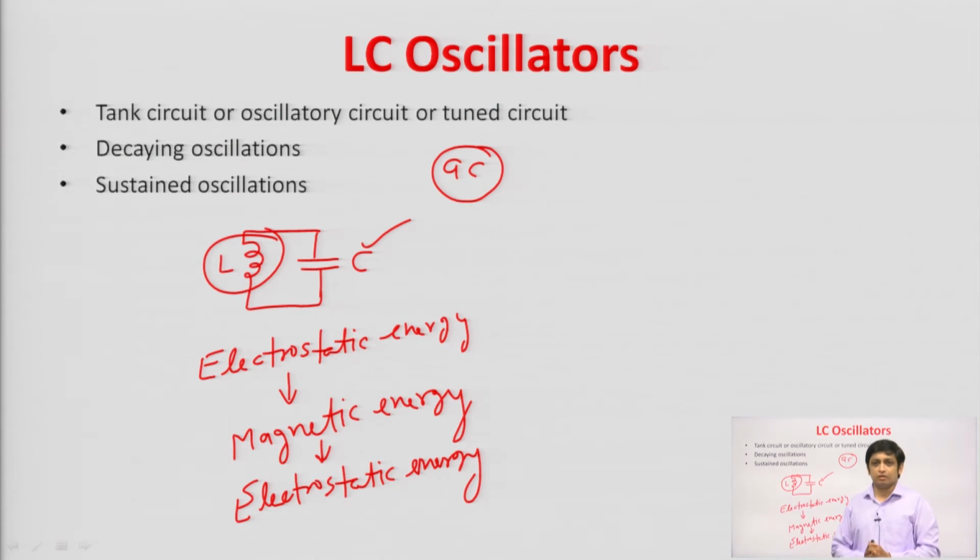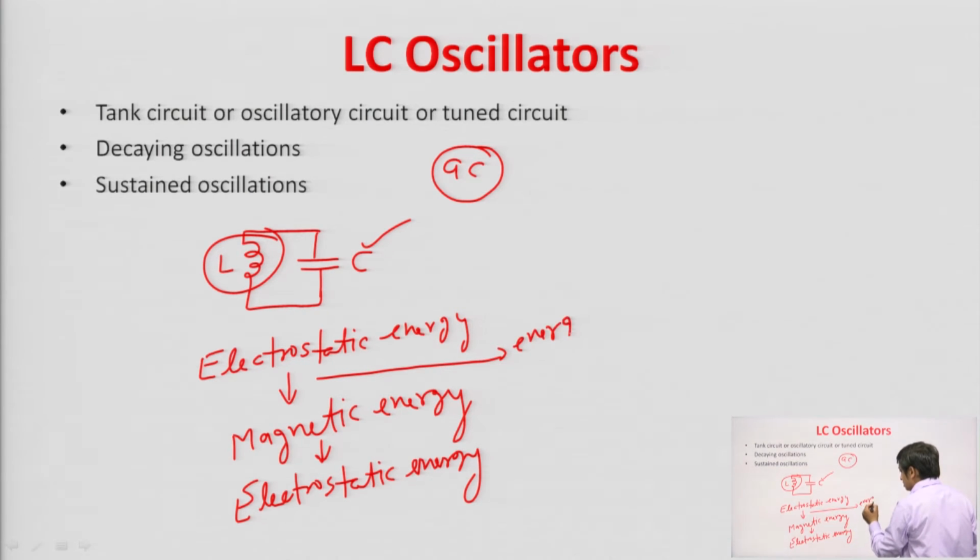But the issue is that each time this electrostatic energy is converted to magnetic energy, there will be some energy loss. Again, when this magnetic energy is converted back to electrostatic energy, again there will be some energy loss.